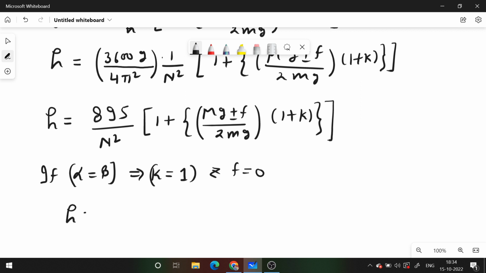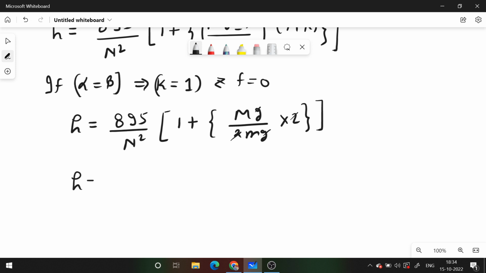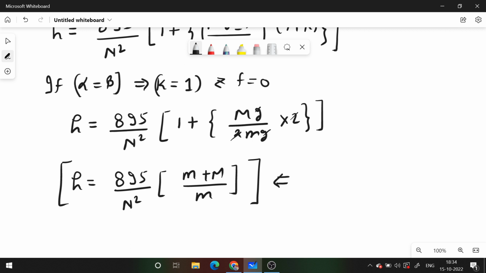In that case h will be equal to 895 upon N square, 1 plus mg upon 2 mg, into 2 m, so from here h will be equal to 895 upon N square, m plus capital M upon small m. So this is the general equation.